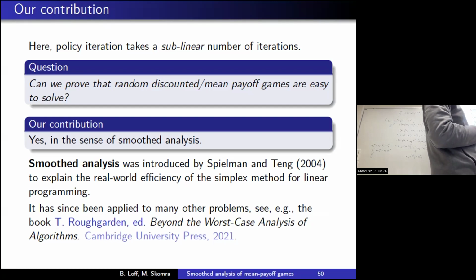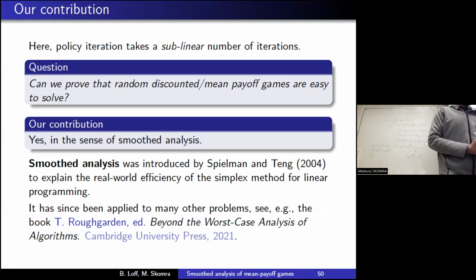Let me tell you a few words about smooth analysis, because I don't know if you know it. Smooth analysis was introduced by Spielman and Teng to explain the real-world efficiency of the simplex method. For the simplex method, there is a similar story. It can take exponentially many steps in the worst case, but if you run it on real-world examples, it converges, usually linearly in the number of inequalities and the dimension.